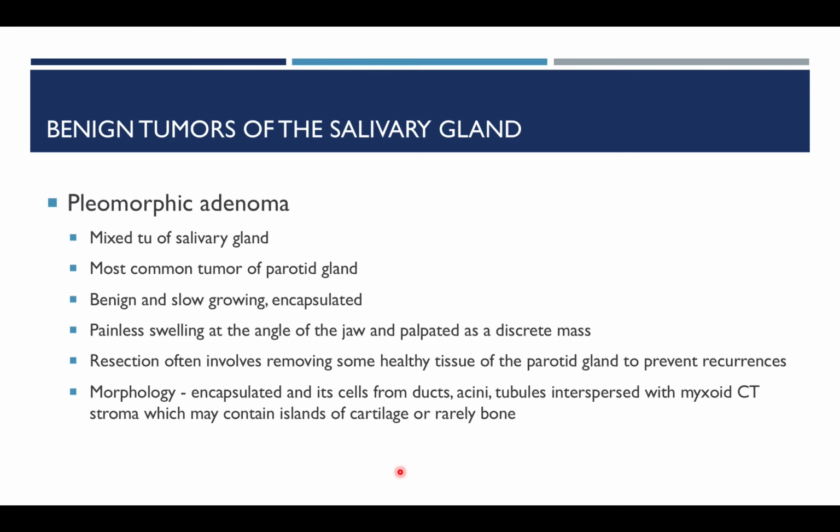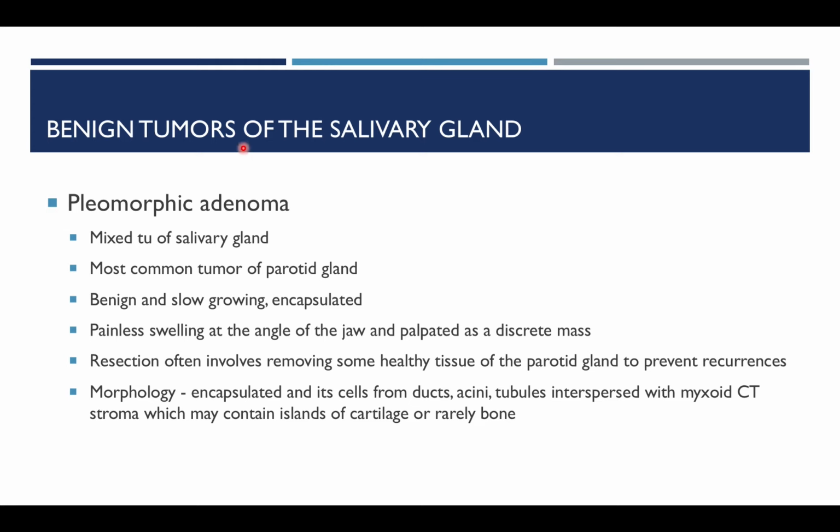So now we can move on to the tumors of the salivary gland. In terms of benign tumors, we have pleomorphic adenoma. But before we talk about pleomorphic adenoma, it is important to know that most tumors that occur in major salivary glands tend to be benign, and those that occur in minor salivary glands tend to be malignant.